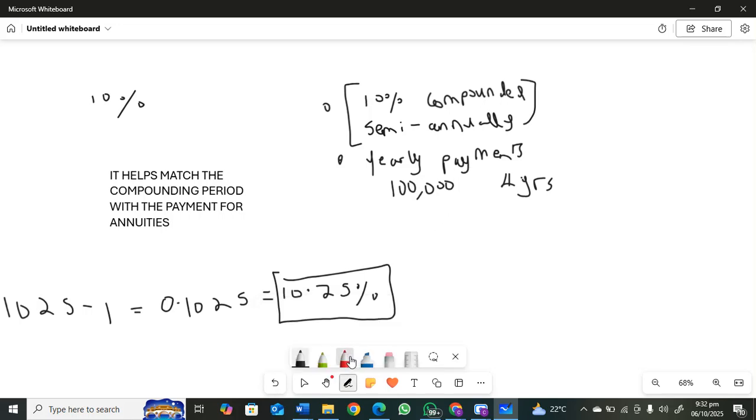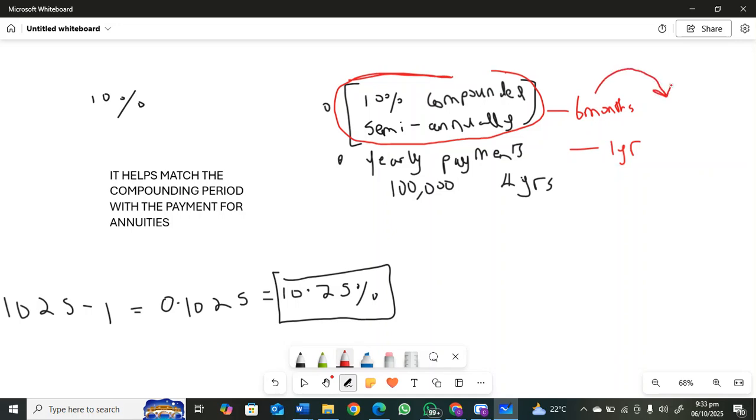The payment period is after a year. The compounding period is 6 months. Semi-annually is twice a year, so twice a year is broken down into 6 months. So you need to first get the effective annual interest rate so that this compounding period converts from 6 months to a year.